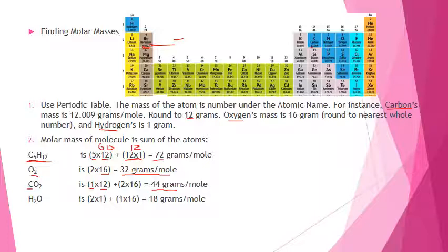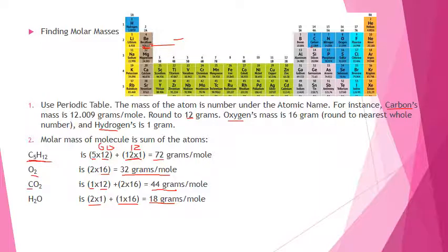And the molar mass for water, there's 2 hydrogens, so 2 times 1, and then there's 1 oxygen, 1 times 16, so the molar mass of water is 18 grams.